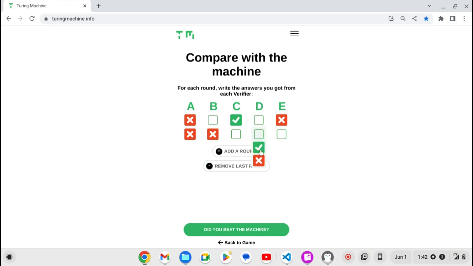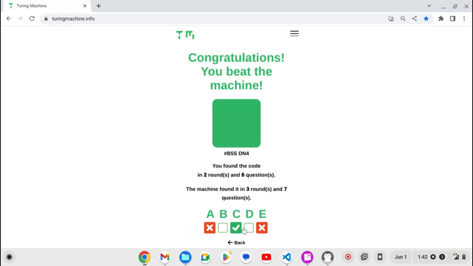And I believe D was the only one that was correct for that one, and that's all we did. All right, fantastic. So we beat it by one question. The Turing machine had to go to a third round, and it asked 7 questions. So I think we did very well in this daily puzzle.